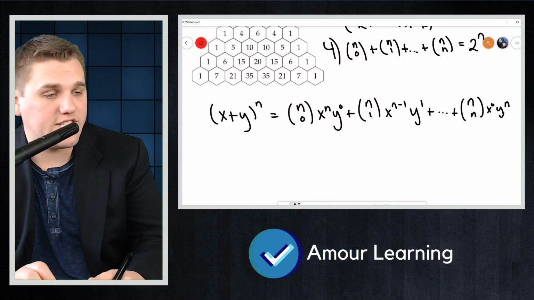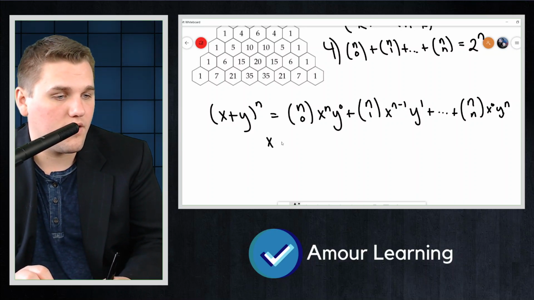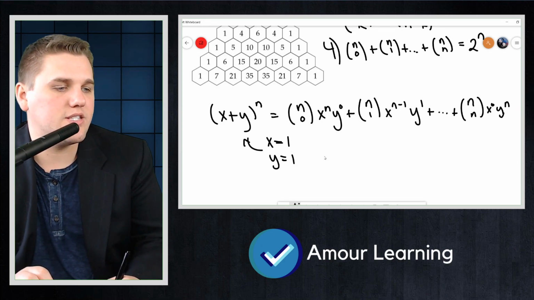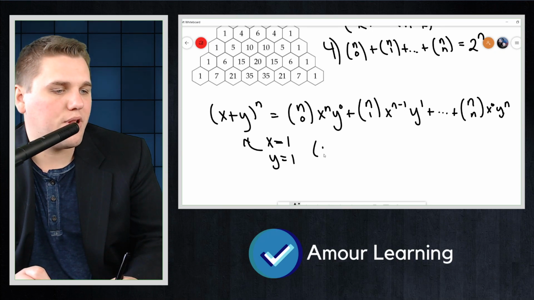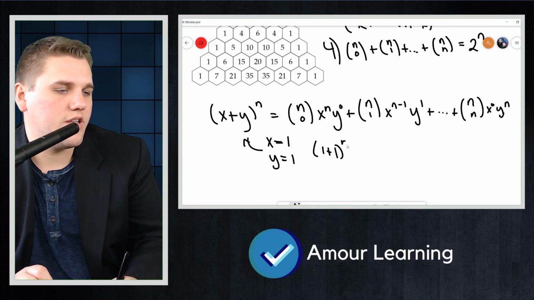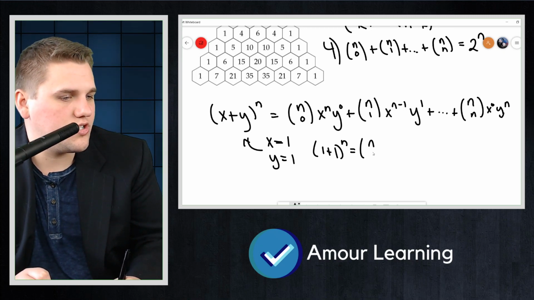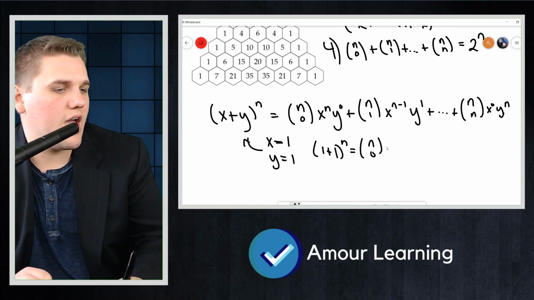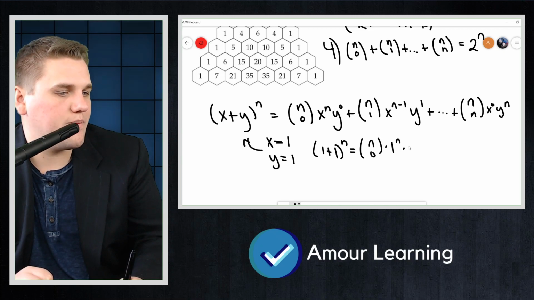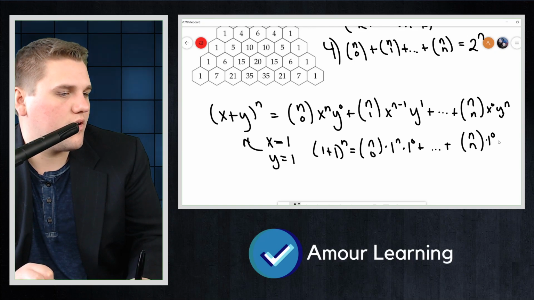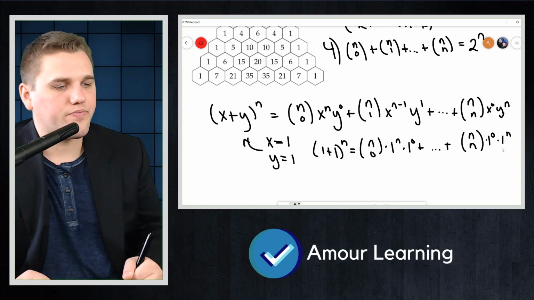If we plug in x equals 1 and y equals 1 into this, that means that 1 plus 1 to the nth power equals n choose 0 times 1 to the n times 1 to the 0 plus all the way down to n choose n times 1 to the 0 times 1 to the n.